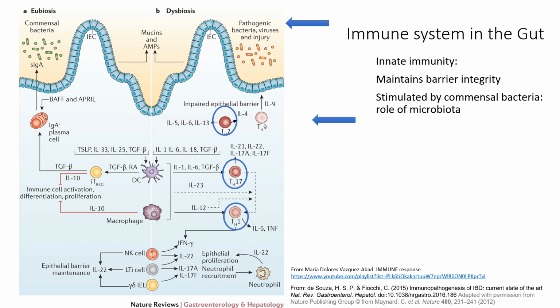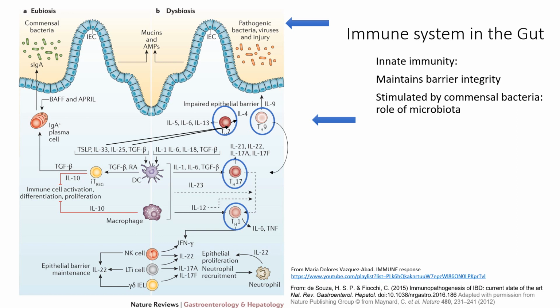In addition, we also have the production of interleukin 4 from the Th2 and from interleukin 33 and TGF beta from the innate system will stimulate a Th9 phenotype that has been identified as playing an important role in inflammatory bowel disease. This Th9, interestingly, stimulates the differentiation and proliferation of Th17s.